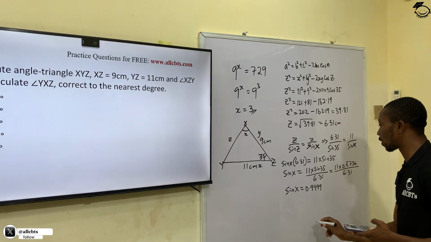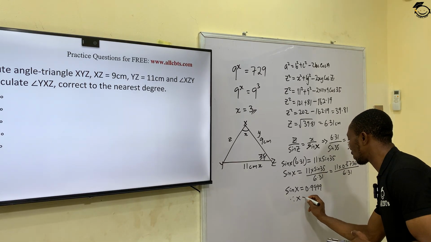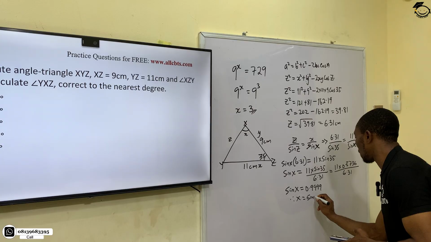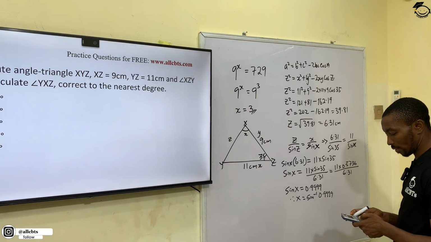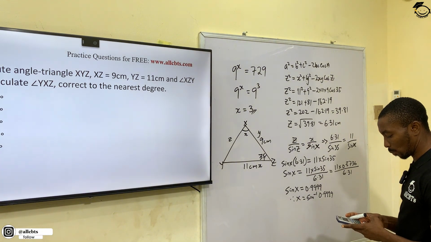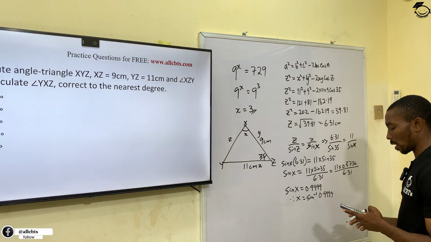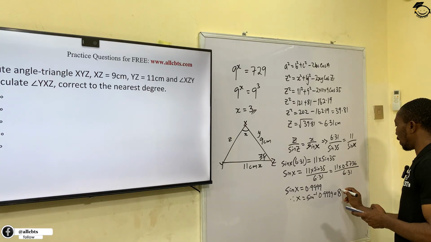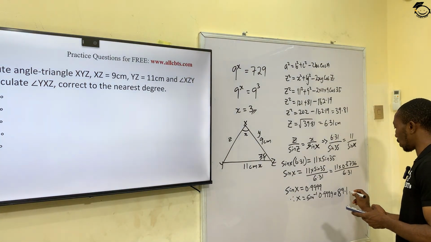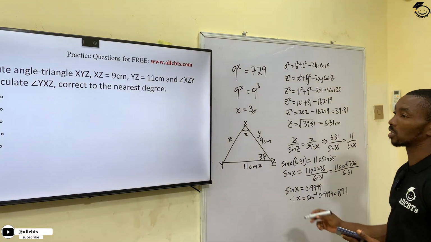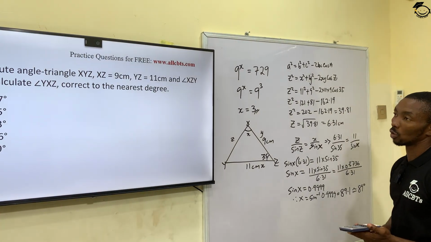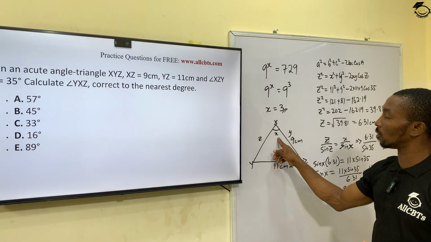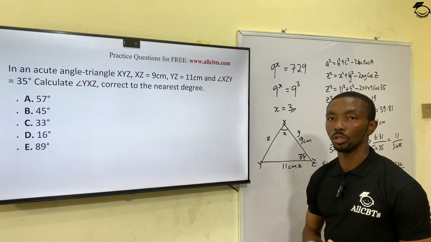Okay, so therefore our x equals sine inverse of 0.9999. So having a sine inverse of 0.9999, we have it as 89.1. So it says to the nearest degree would be 89 degrees. So our angle of x to the nearest degree is 89 degrees.